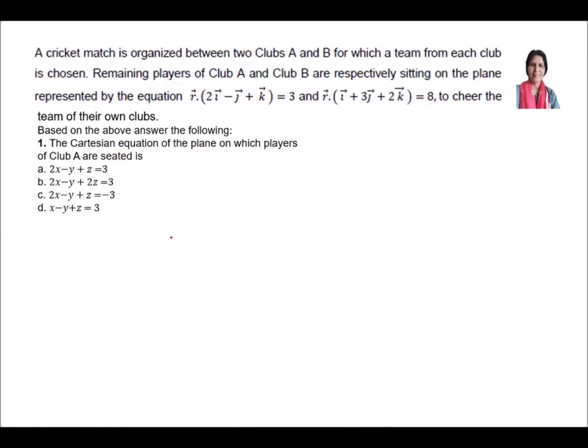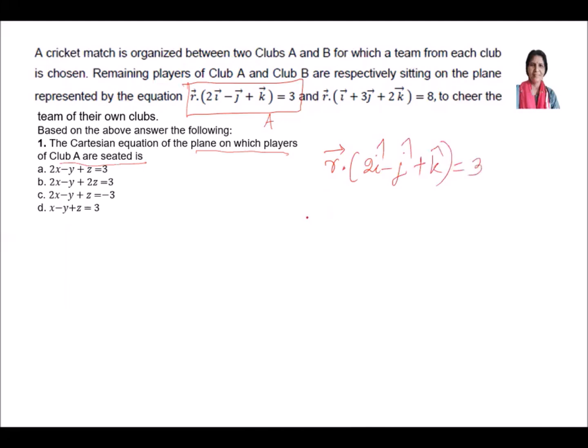First question: based on the above, answer the following questions. The Cartesian equation of the plane on which the players of club A are seated. So this is the plane given in vector equation, this is for plane A. Now r dot 2i cap minus j cap plus k cap is equal to 3.